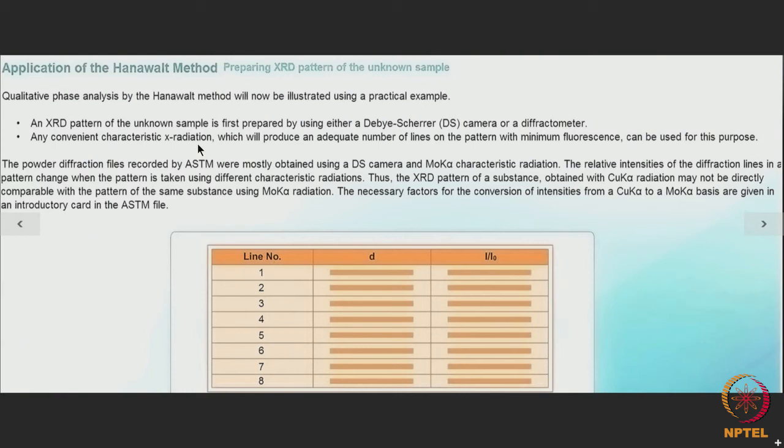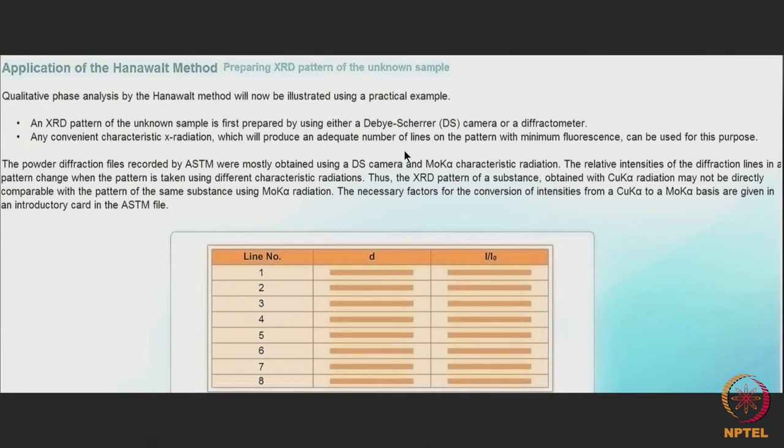And we use a convenient characteristic X radiation, which will produce an adequate number of lines on the pattern with minimum fluorescence, that means minimum background radiation.